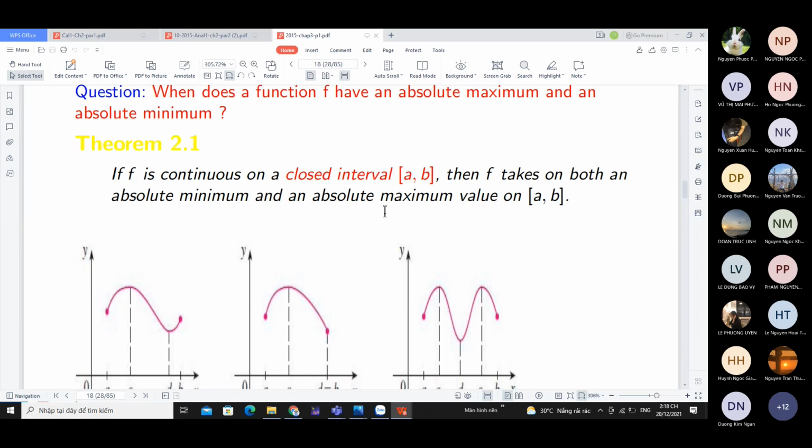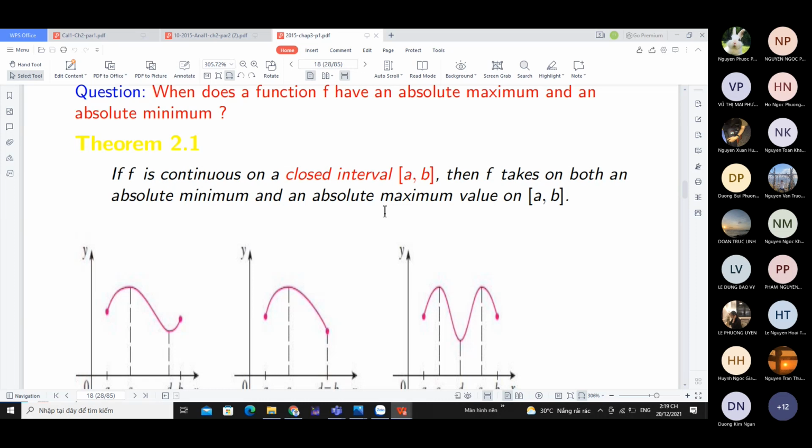If the function f is continuous on a closed interval AB, the graph of f on this interval should have a highest point and should have a lowest point. The highest point on the graph gives you the maximum value of f on the closed interval AB. The lowest point on the graph of f gives you the minimum value of f on the closed interval AB.